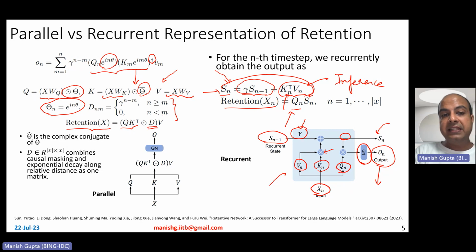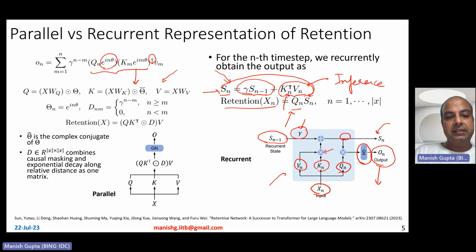So if n is less than m, then D is 0; you mask it out. But if n is greater than or equal to m, you consider it to supply information for this token, and that is what you capture in D. That's the parallel formulation, which is used at train time.